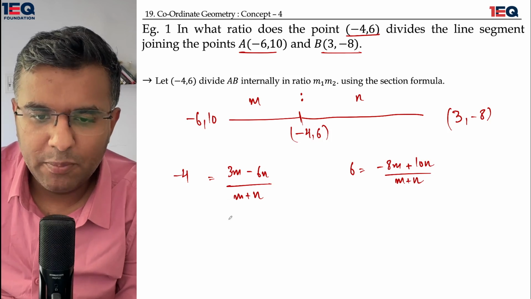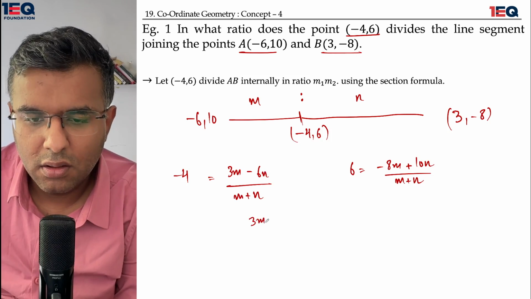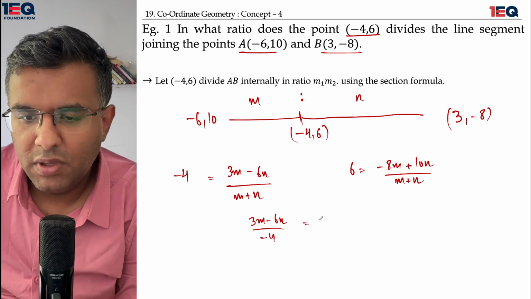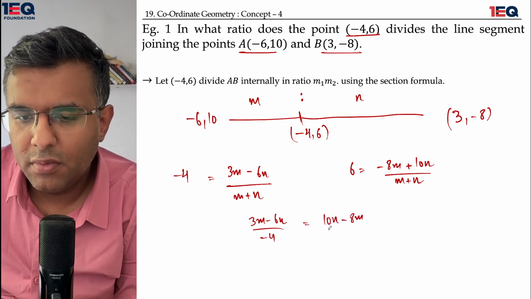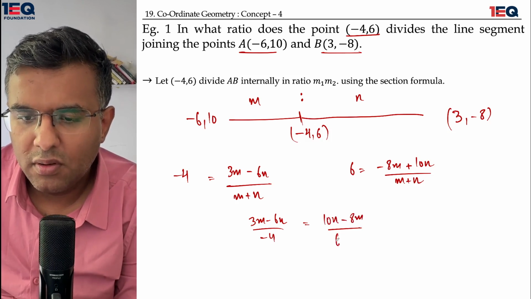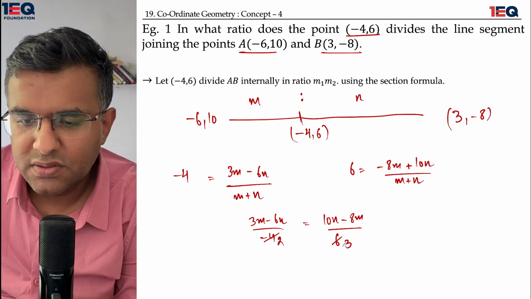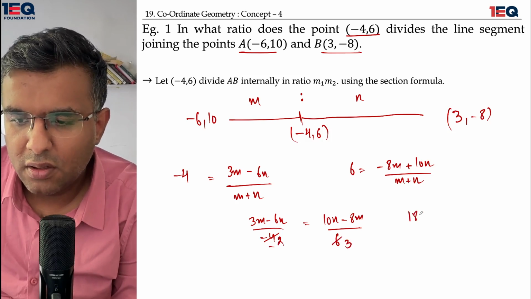So I'll keep 3m minus 6n whole upon minus 4 being equal to 10n minus 8m whole upon 6. So this is going to be minus 2, and this is going to be 3. The 3 is going to multiply there.